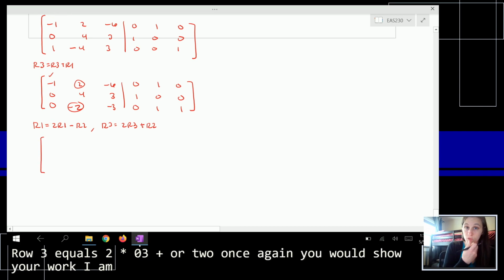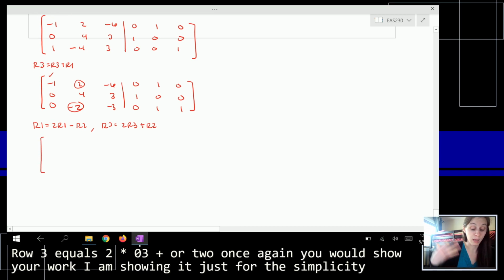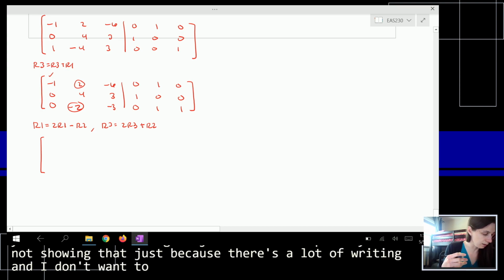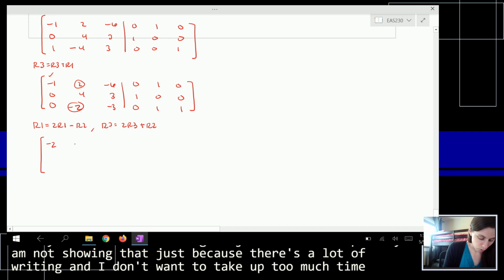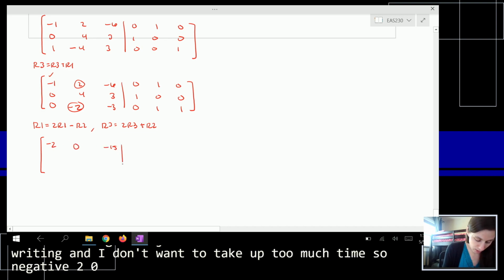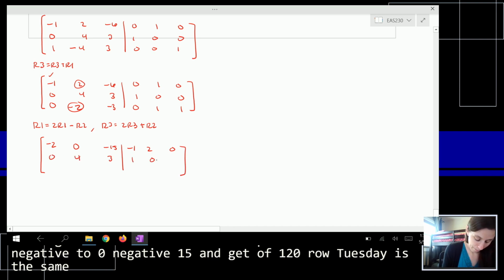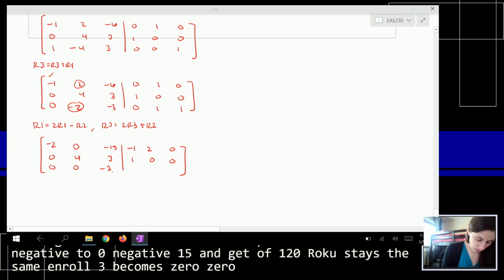I am not showing it just because there's a lot of writing and I don't want to take up too much time. So negative 2, 0, negative 15, negative 1, 2, 0. Row 2 stays the same. And row 3 becomes 0, 0, negative 3, 1, 2, 2.